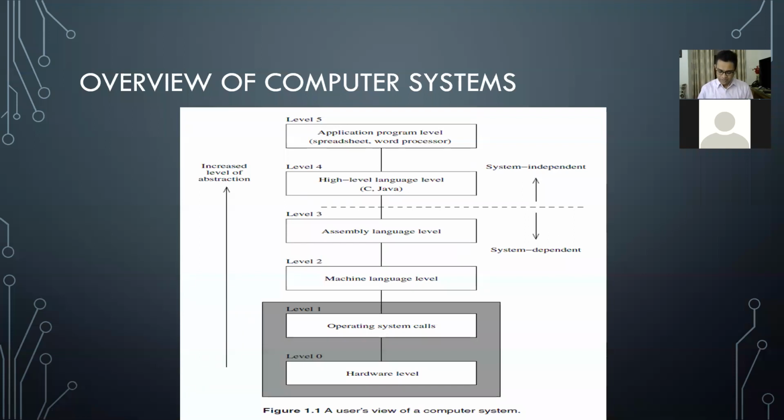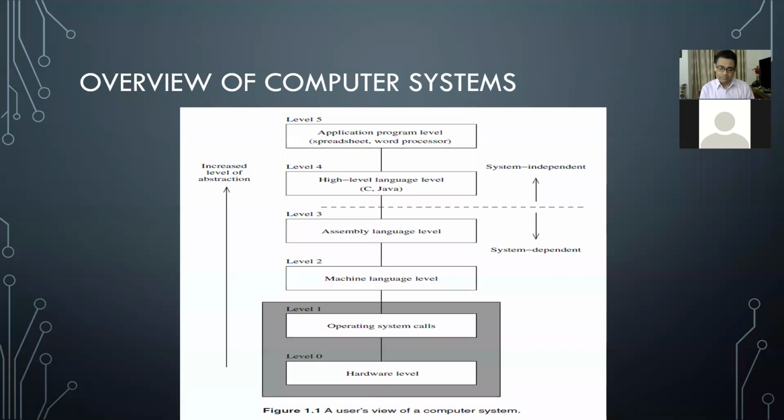For example, mine is a Pentium Core i5 9th generation processor with 16 GB memory and a Gigabyte motherboard. So I need to consider the architecture of my processor, which is a 64-bit processor, and the structure of the RAM.